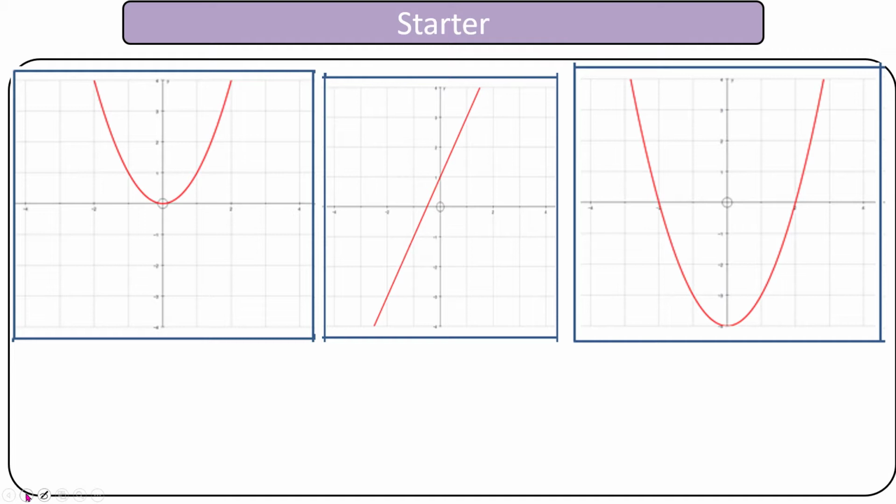Right, can you recognize these graphs? This is just going to help you a bit. That's a graph of x squared, because all quadratic graphs look like a U shape or an N shape.